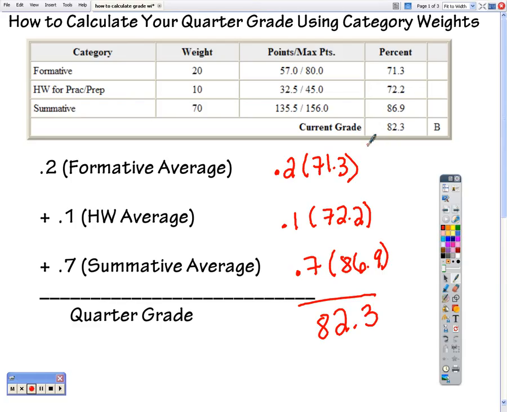On the next formative, this student needs to earn higher than a 71.3 to bring the overall grade up. So on each assessment or homework assignment, you are competing with yourself in that category to get higher than that category's average.